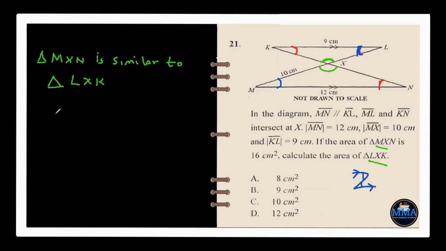Now, when two triangles are similar, the ratio of their corresponding lengths will be the same. Once you pick any of the corresponding lengths and put it in form of a ratio, they will be the same, irrespective of which corresponding length you are picking.